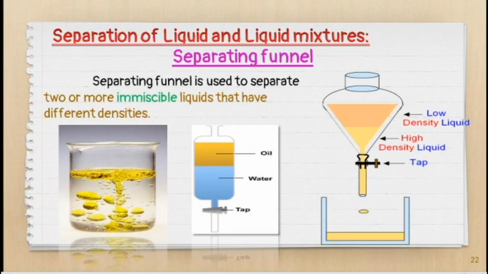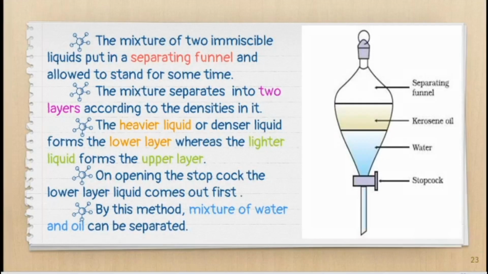Next is the separating funnel. The separating funnel is used to separate liquid mixtures. Two or more immiscible liquids are taken in the separating funnel, and they can be separated by their densities. The two immiscible liquids are placed in a separating funnel and allowed to stand for some time. After that, we get two layers.